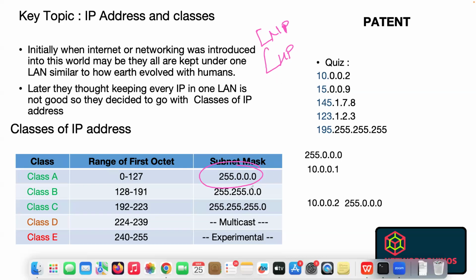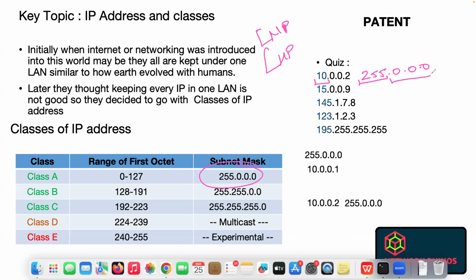These are the default subnet masks we have. For example, for class A, the subnet mask will be 255 dot. Wherever you see 255, that portion is the network ID, the network portion.